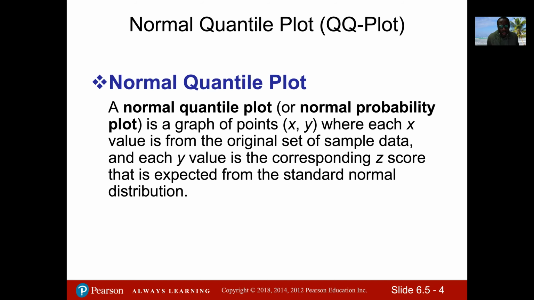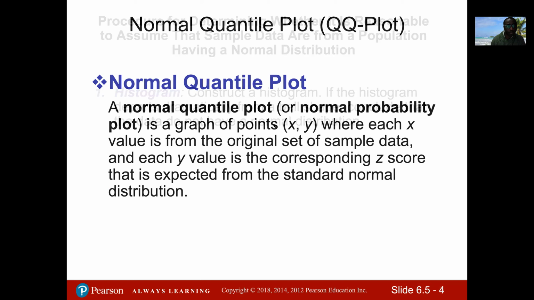It is also called the normal probability plot. It's a graph where the x-axis is your x variable, and the y-axis is your z-scores. So the vertical axis is your z-scores, and the horizontal axis is your x values, the original values of your data, okay.